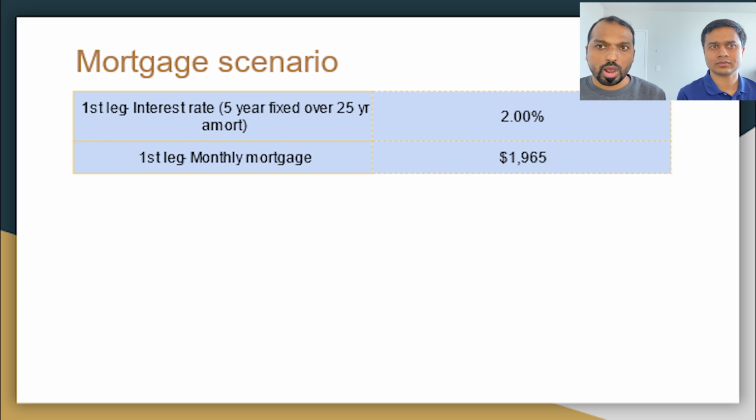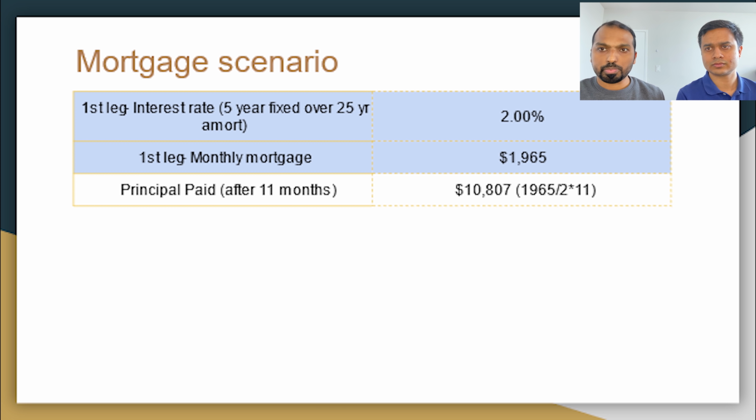Now this 1965 that you pay monthly typically has a 50% allocation to your principal and 50% to your interest. That's how you pay down your interest and principal in the beginning few years of the mortgage. As you start paying down the principal, you start building equity in the home.